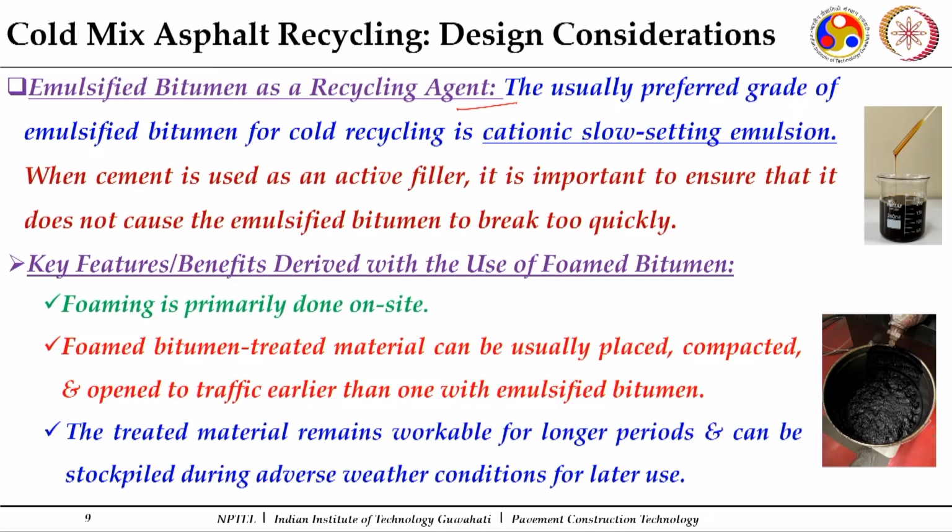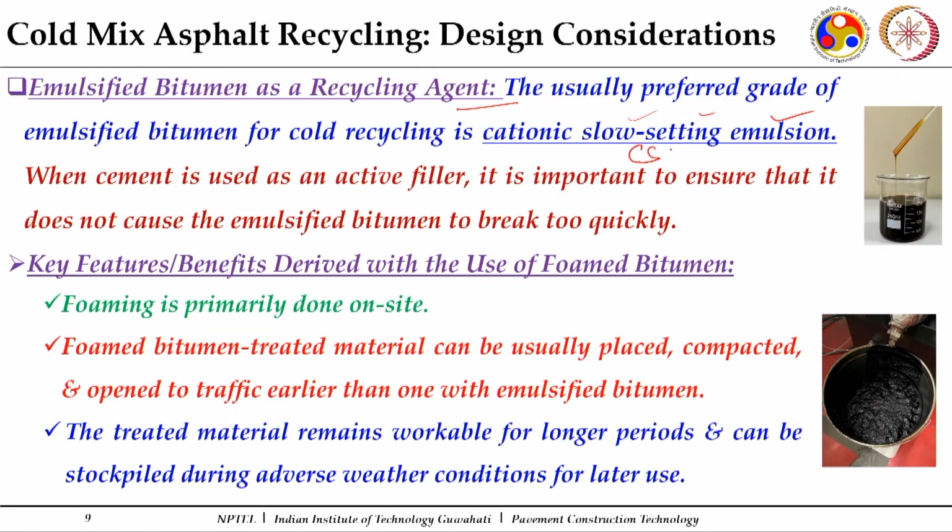Now, when we are using an emulsified bitumen as a recycling agent, the most commonly used are cationic slow setting emulsions. And even in this case, many times it has been observed that if the wrap already has some softer grade of binder coated over it, then we can prefer to use a cationic slow setting emulsion which has a base binder of a harder grade.